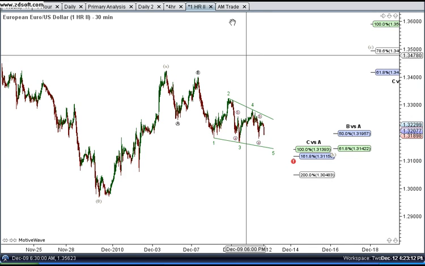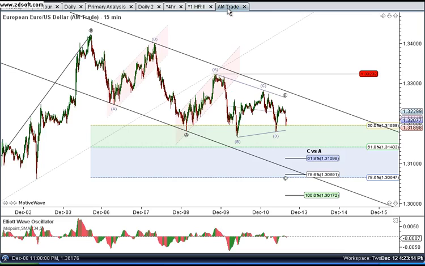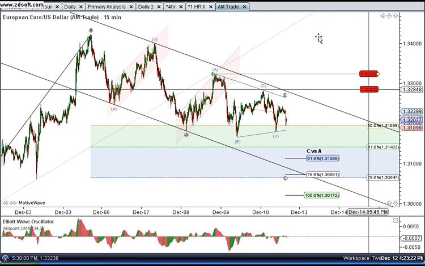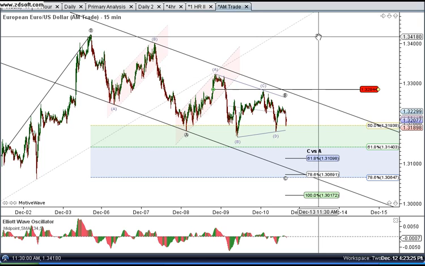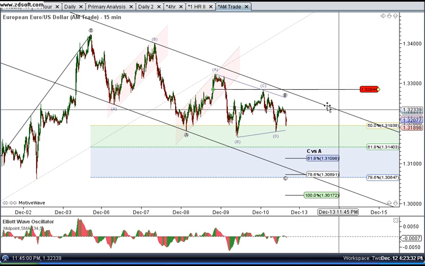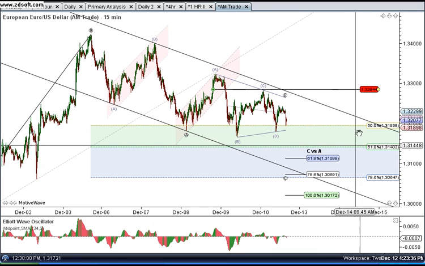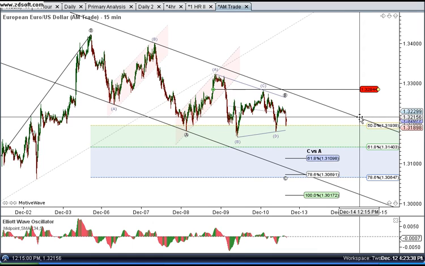So, a number of ways to look at this thing. Right now I think the stops could be lowered down to 32.85. Then if we break this trend line here of this channel later on, I think it's done.